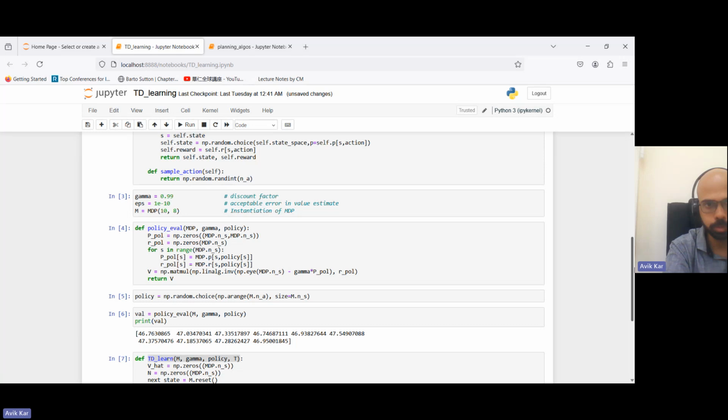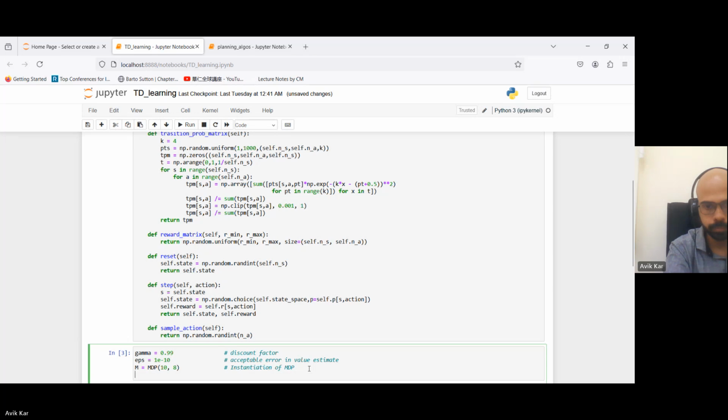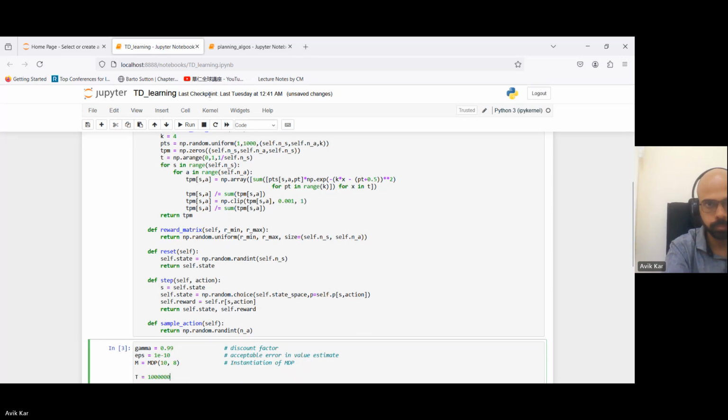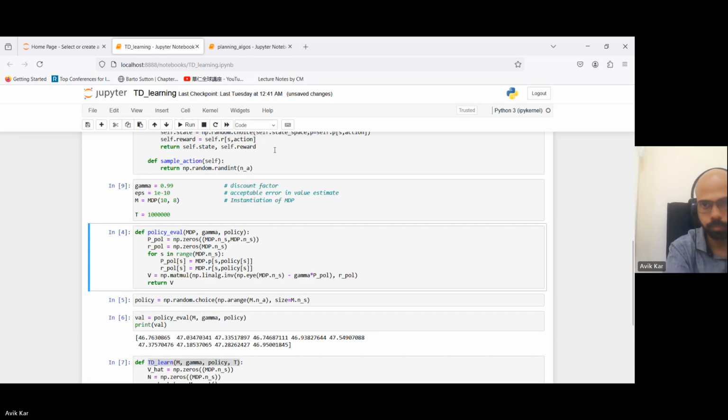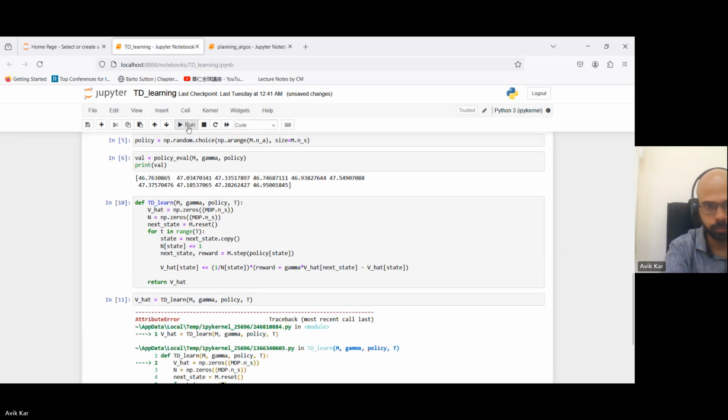Gamma is also initialized, right? Write it out. Some error.